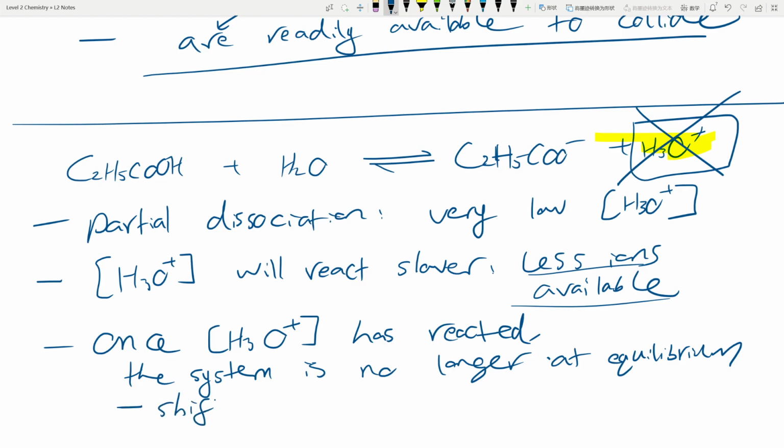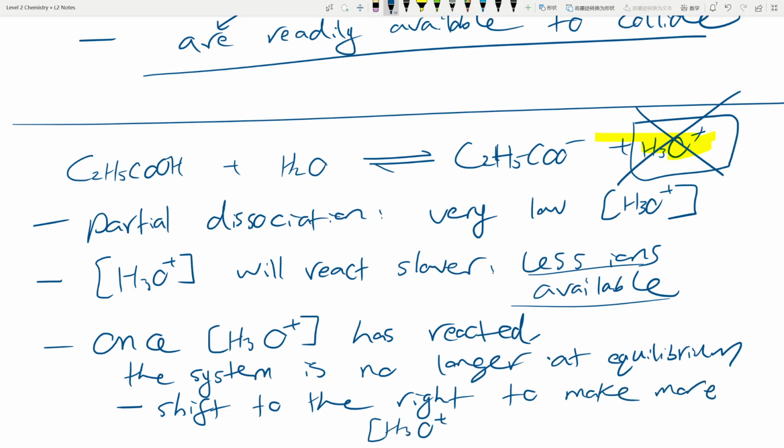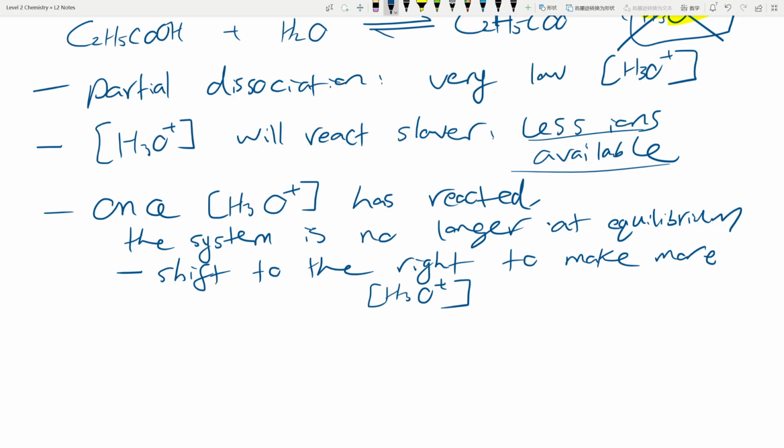It will shift to the right to make more H3O plus ions, and then you're on a cycle. You have a small amount that dissociates, they react, and then the system is not at equilibrium, so it shifts to the right to make more H3O plus ions, and then they react away, and you keep shifting to the right.